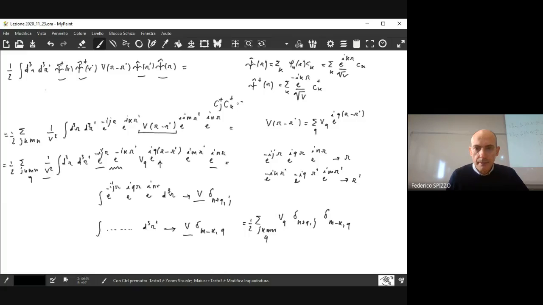Then we have C m and C n. So these four operators have to be included here and also in the next expression. So here I need C cross j, C cross k, then C m and C n.